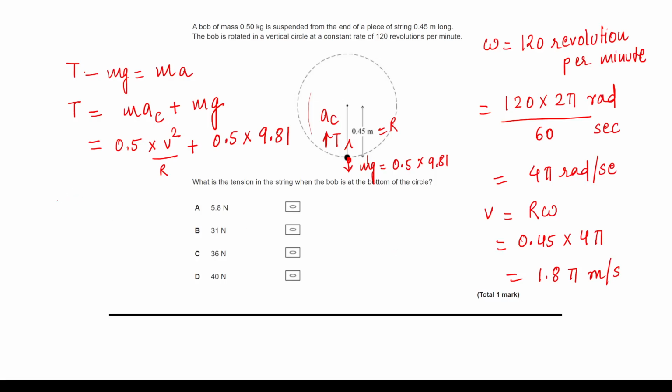Okay, now I'm going to just use my calculator. So v square is going to give me 1.8, times 3.14, equals 52.